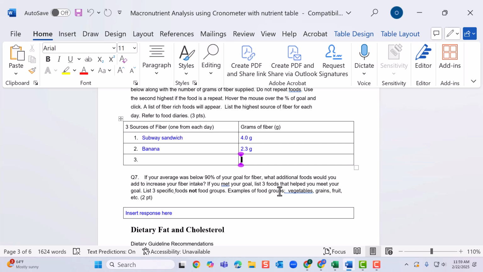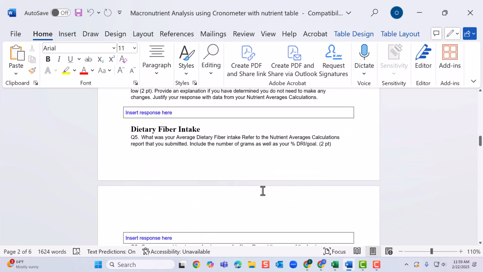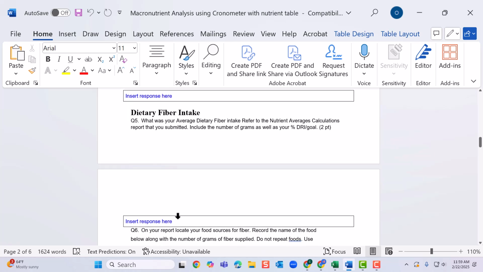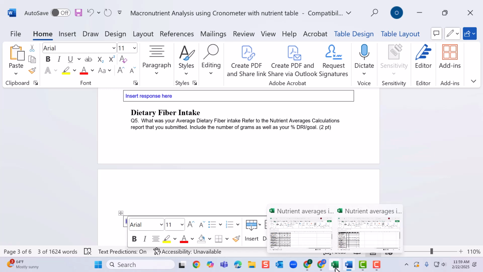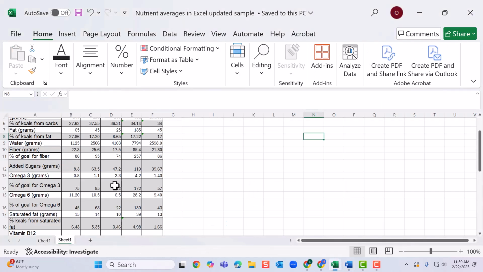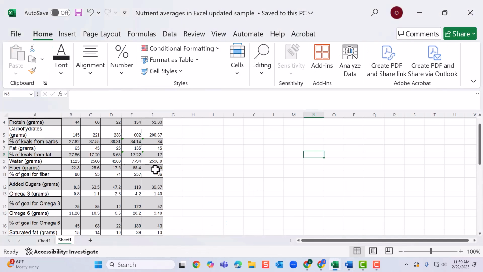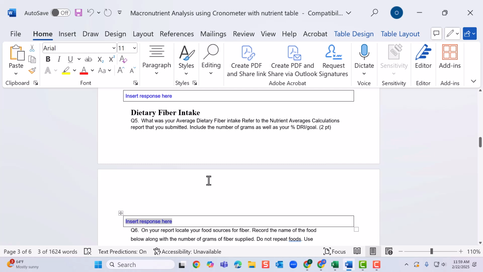So if your fiber was really low, because you're going to tell me what was your fiber intake. Let's say your fiber from the averages assignment, so let's say it was, we'll use this, fiber was 21.8 grams, 86%. So in here, I'm going to put 21.8 grams at 86%.